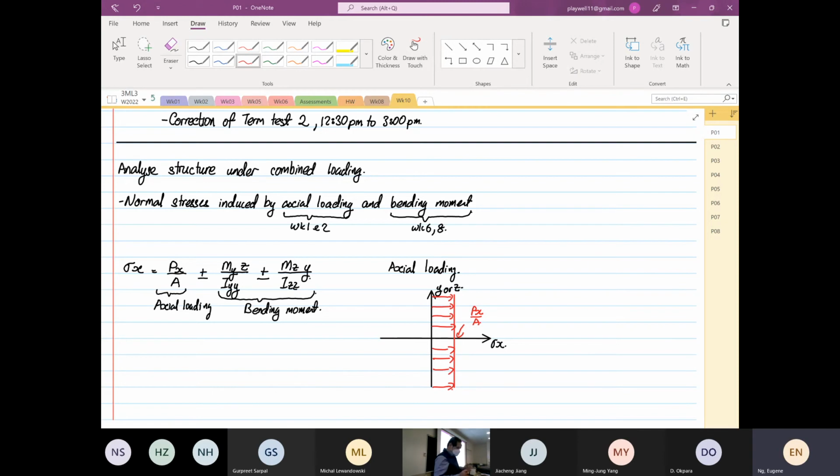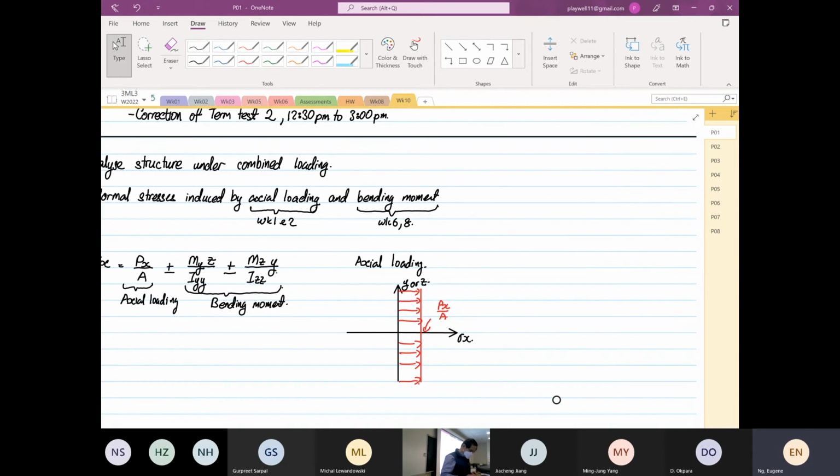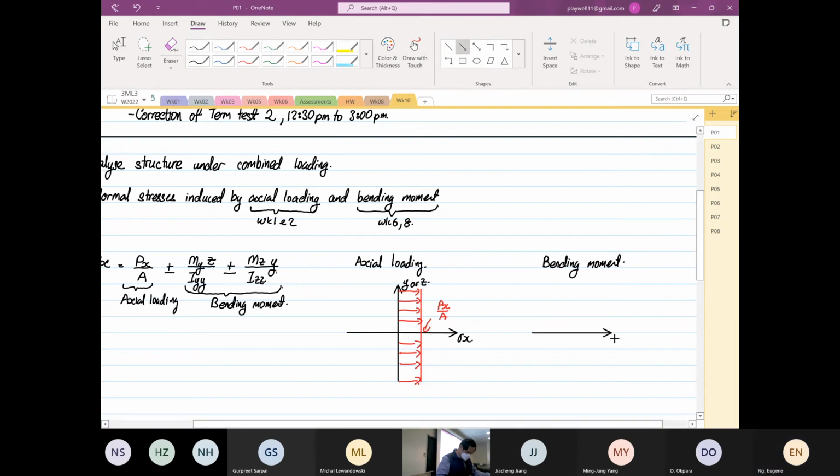Then we have bending moment contributing to normal stress x. Again we have our stress x, and our vertical axis can be y or z.